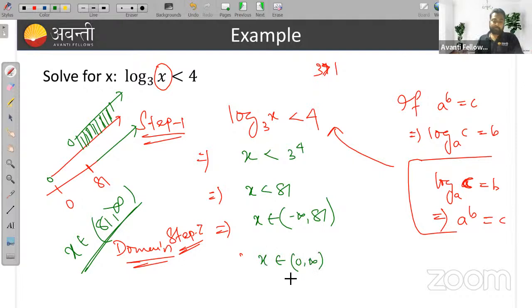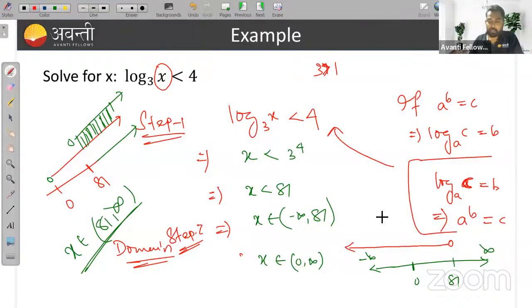Suppose this is my 81, this is my 0, this is my minus infinity and this is my infinity. So minus infinity to 81 is this region, and 0 to infinity is the domain.